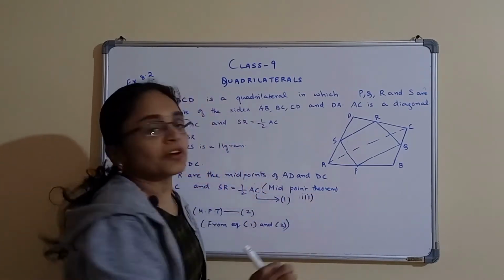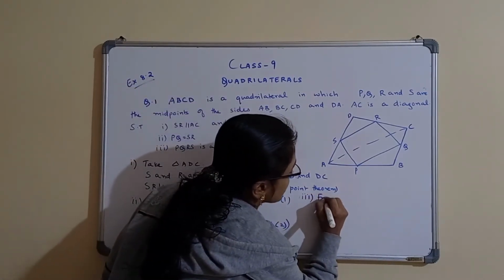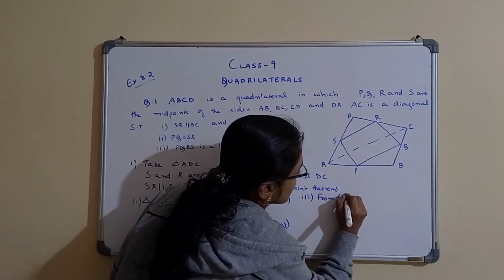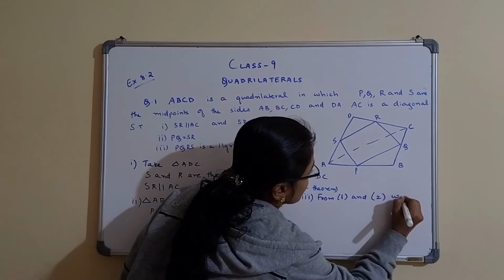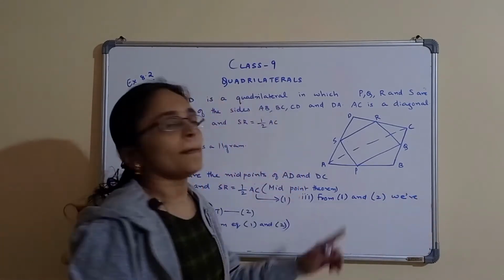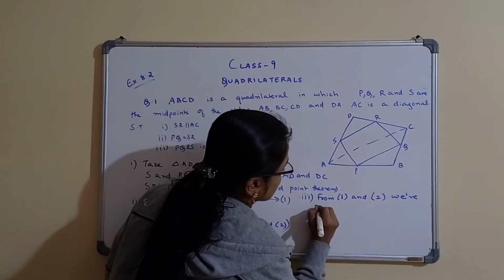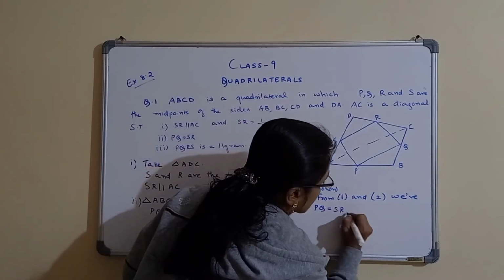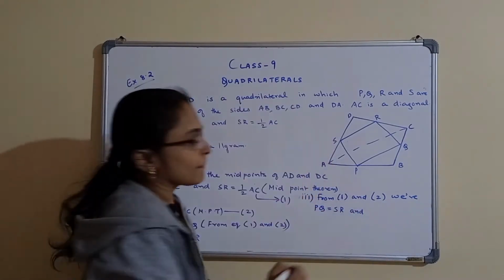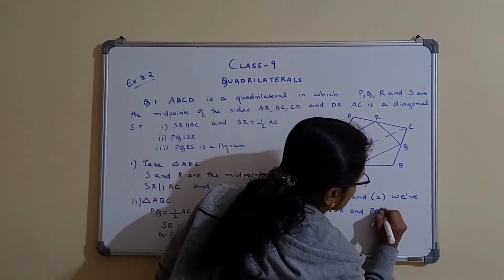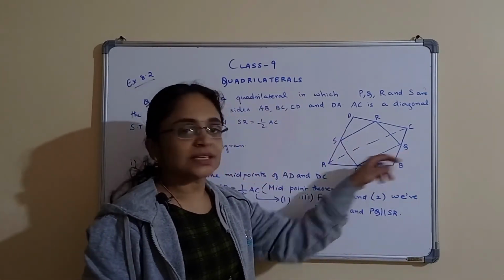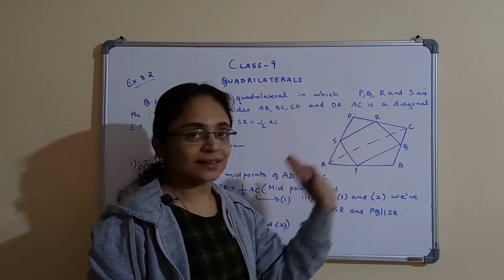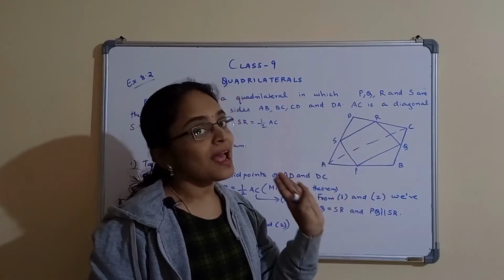From 1 and 2, we have PQ equal to SR and PQ is parallel to SR, which means one pair of opposite sides of the quadrilateral is parallel and equal.